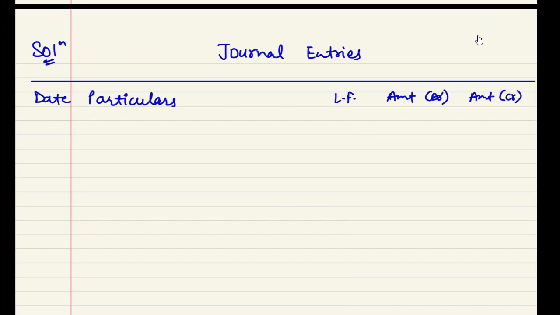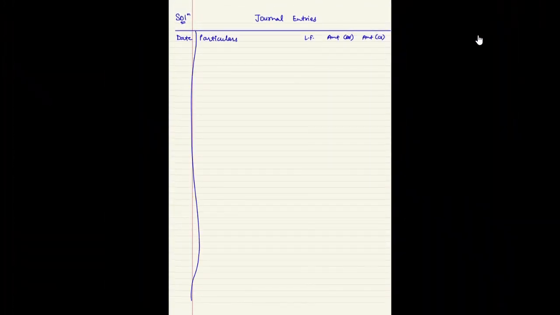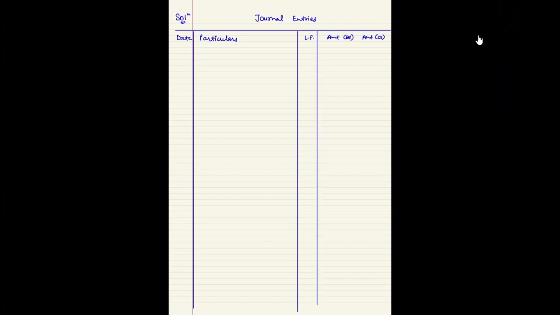So we have the columns: date, particulars, ledger folio, amount debit and amount credit. That is the first thing we have done.